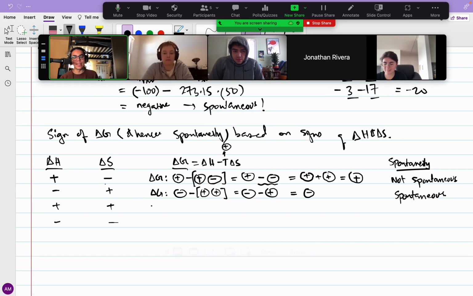I have conveniently partitioned the sign combinations so that the first two are unconditionally spontaneous or not spontaneous, and the last two are conditional, which we'll see now. Okay, so delta G, all right, positive minus positive times positive.